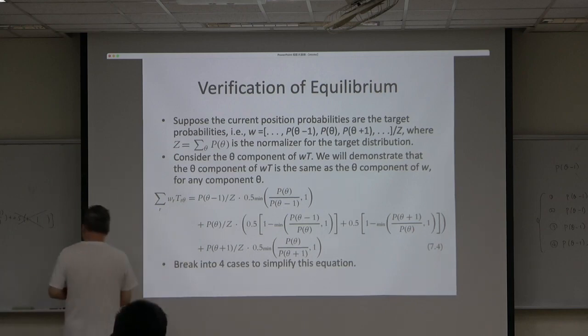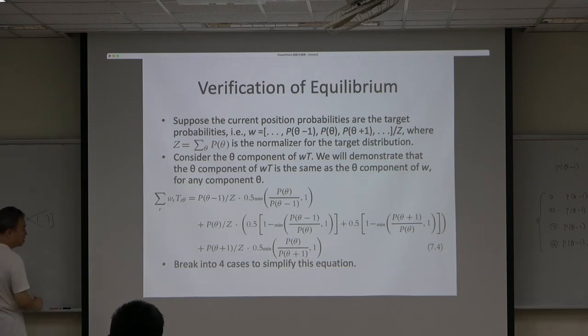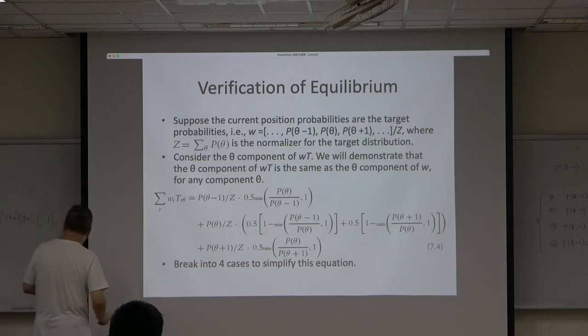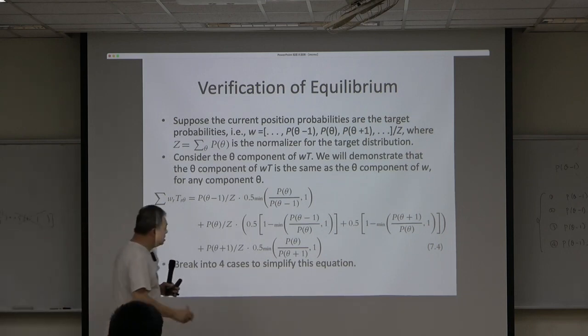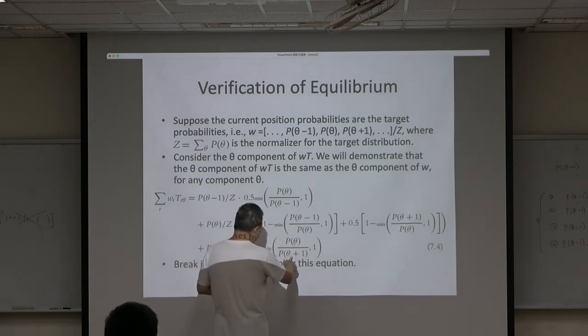And then plus p theta plus 1 divided by z, okay, times 0.5 times here, okay, p theta and the p theta plus 1.